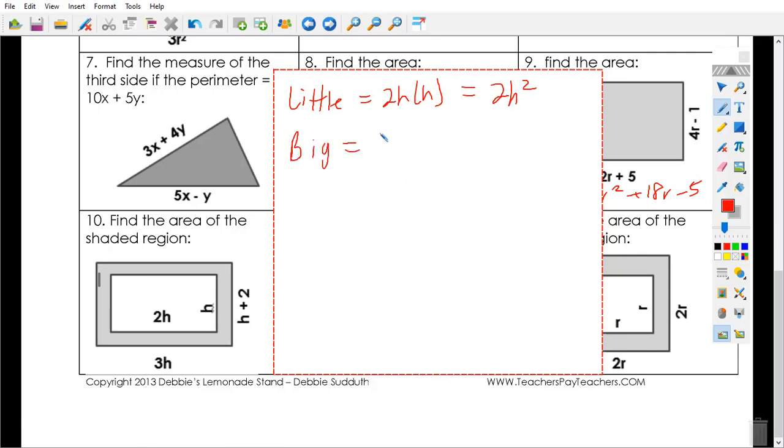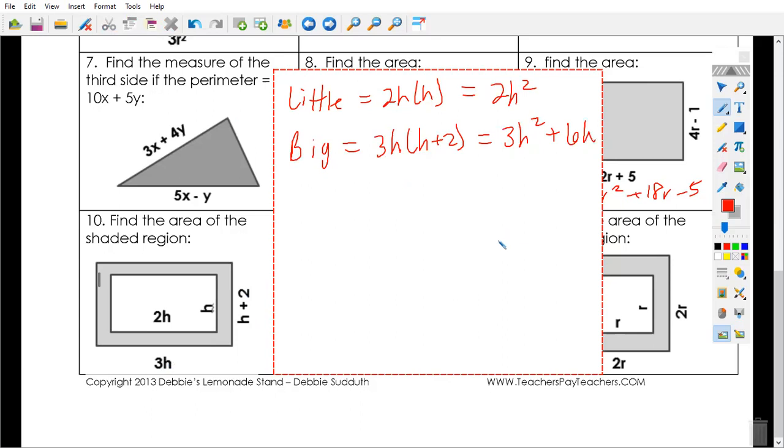The area of the big is 3h times h plus 2. You multiply 3h times h, and 3 times 2, so it becomes 6h.